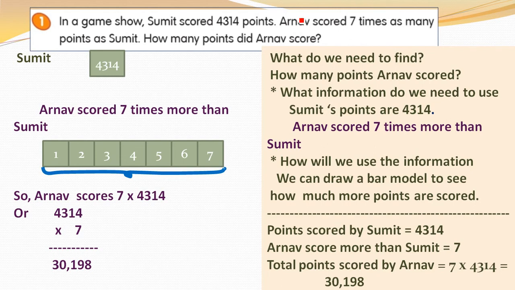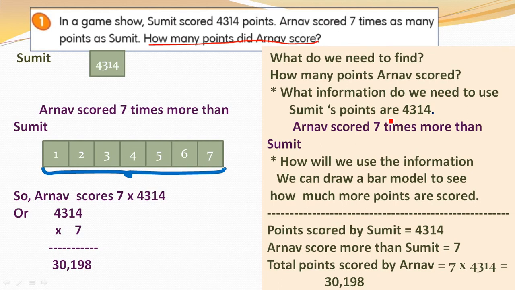Now let us take a question from your textbook. In a game show, Sumit scored 4,314 points. Arnav scored 7 times as many points as Sumit. How many points did Arnav score? So what do we need to find? We need to find how many points Arnav scored. What information do we need to use?